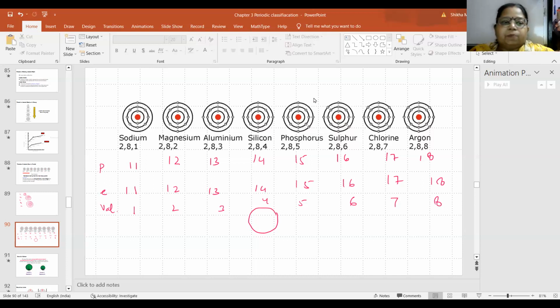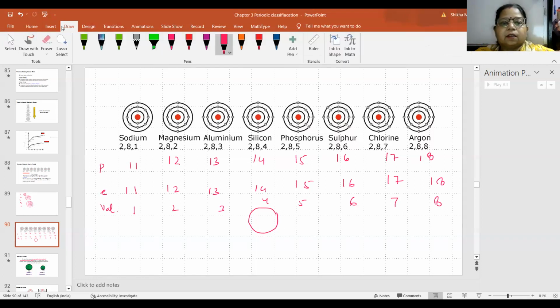If it is a collapsible thing, and I draw it for silicon, it will be attracted towards the center from 4 points.